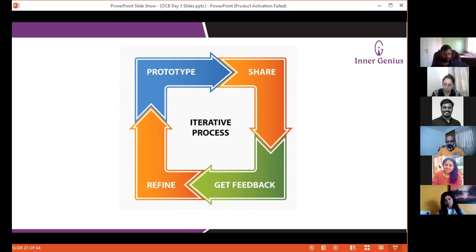That is why it becomes a circle: you might have to do 2, 3, 4 cycles before you come up with a pilot course, and you may run 2, 3 pilots before you go to the next level, which is the course. We'll come to that in a minute. So please don't think it is linear, it is circular. You keep going around in the circle, and at one point you get out of the circle, and that is when the next stage of growth will start.